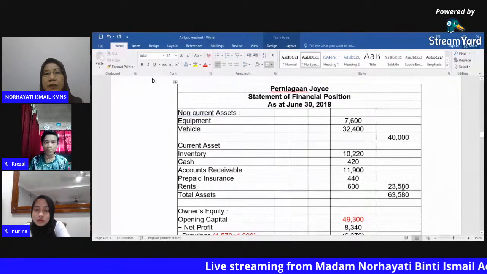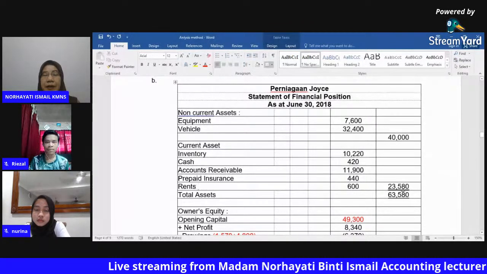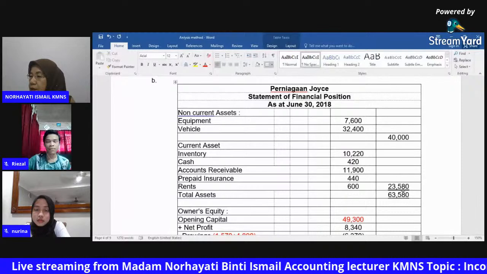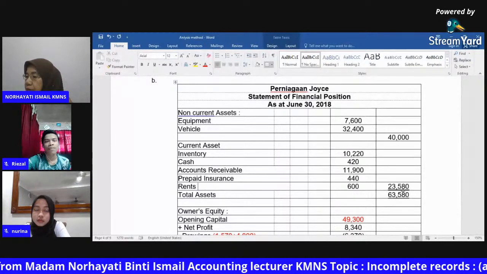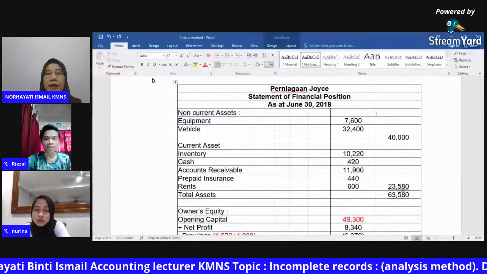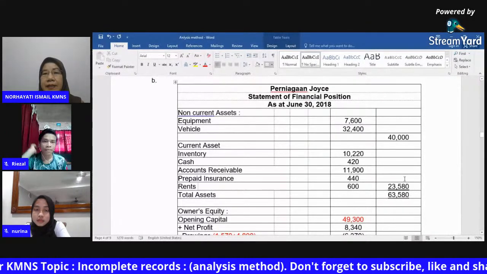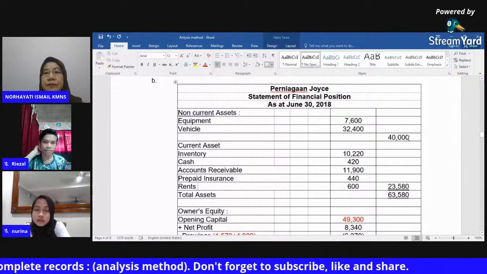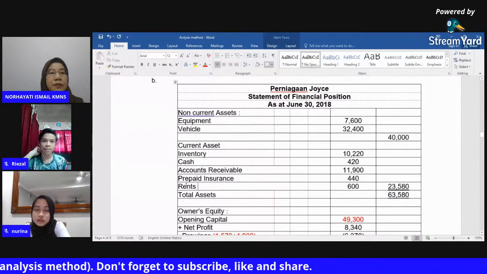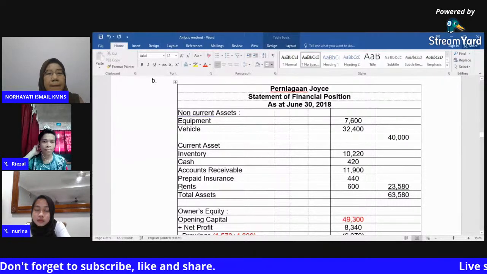Then you got the total 63,580. So the total asset is 63,580. How do you get the amount? You plus all together. So this one is prepaid rent.